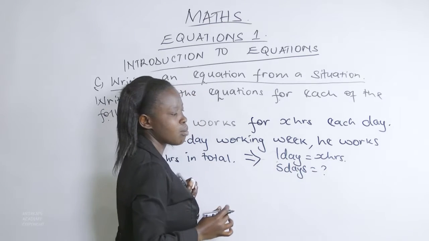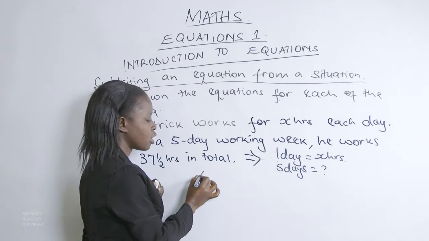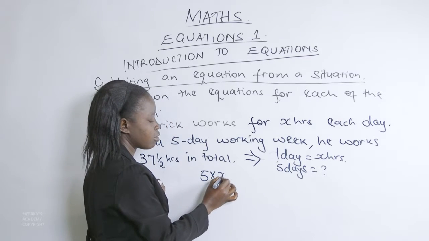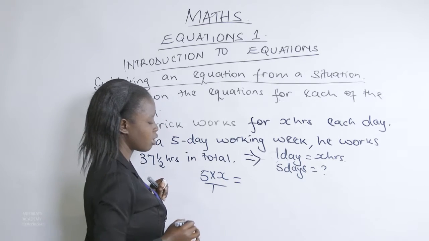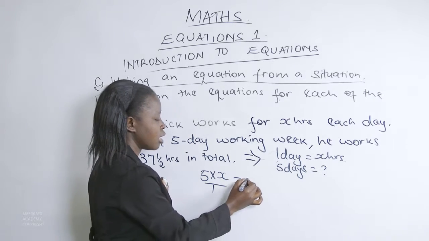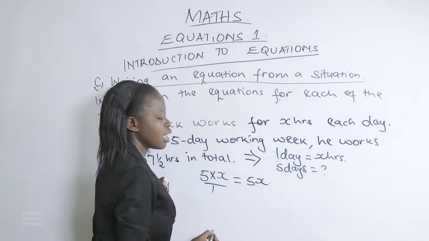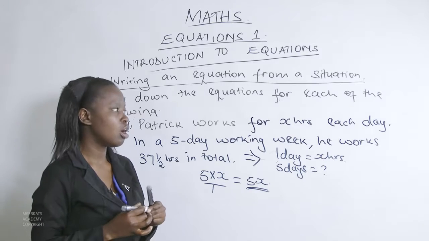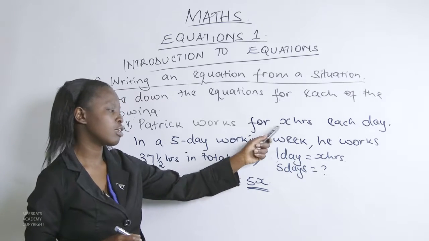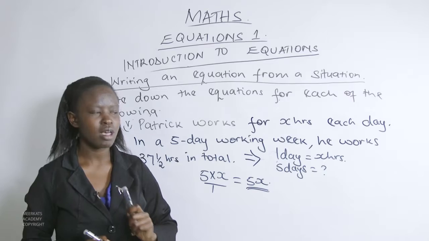This will mean we have 5 times X divided by 1, which is equivalent to 5X. So the total number of hours that Patrick worked in terms of X is 5X hours.